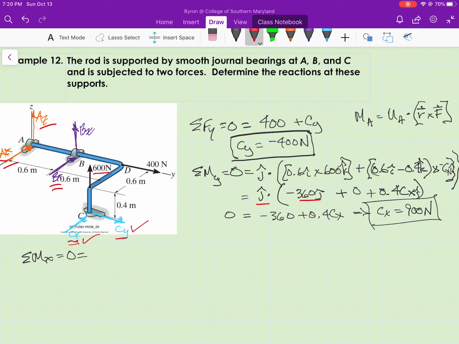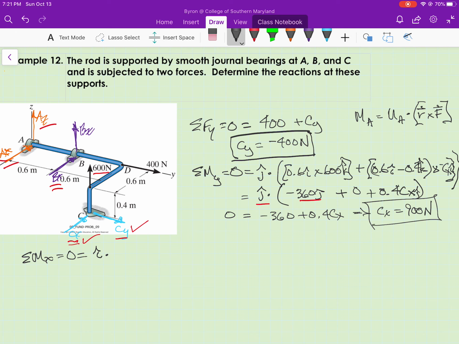Okay, so we said sum of the moments about the x-axis equals 0. So in this one, I'm going to take a unit vector along the x-axis, which is i, and dot it into, now I'm going to have 4 terms here.